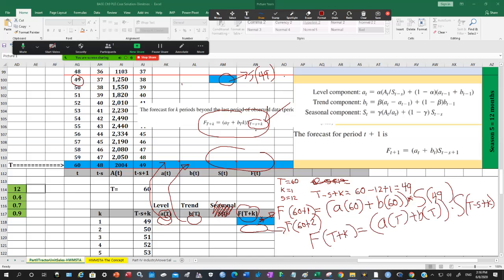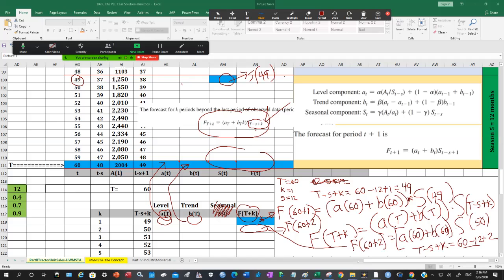So our next F value right here is F of 60 plus 2. This is lowercase a of 60 that we know, plus lowercase b of 60 that we know, times S, and now this uppercase T minus lowercase s plus lowercase k is 60 minus 12 plus 2, which is 48 plus 2, or 50, right?